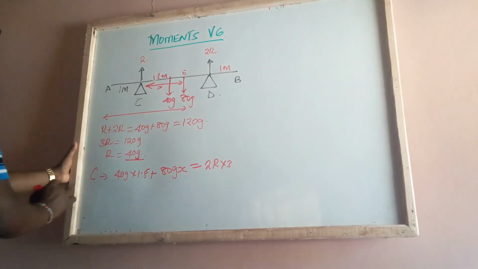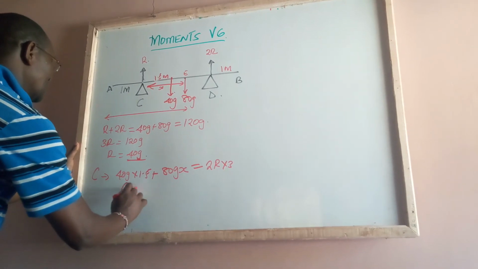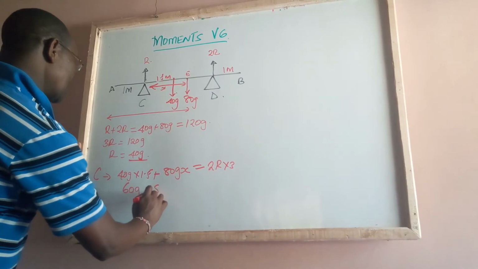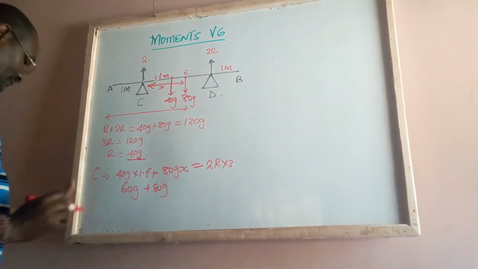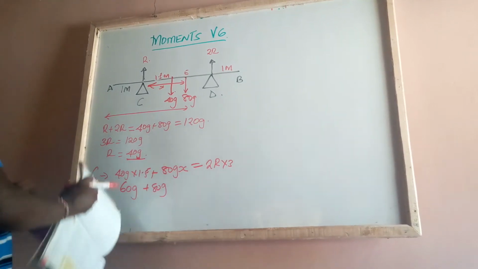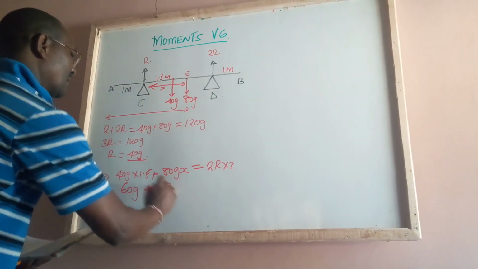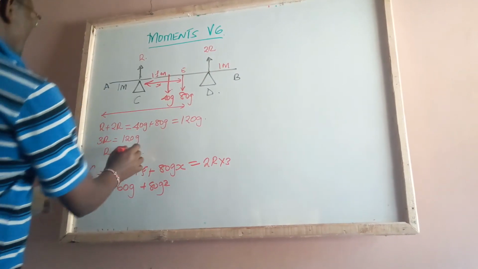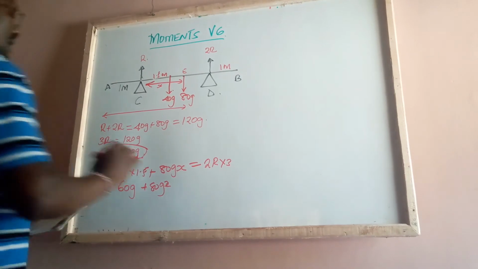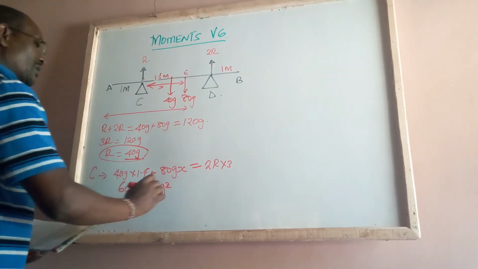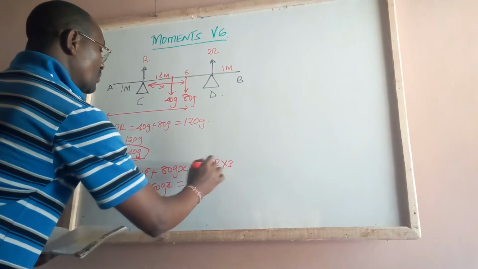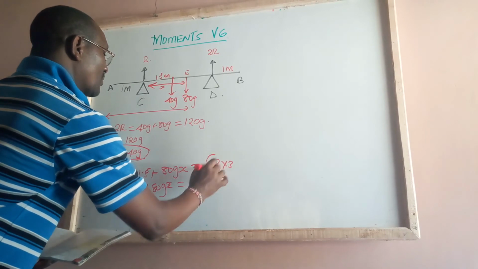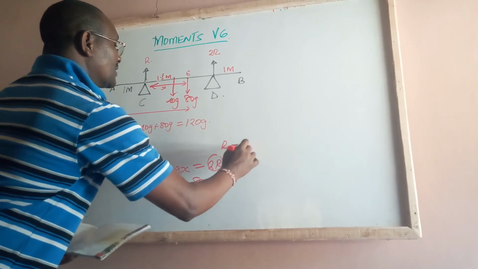On the left this is 60G plus 80GX. What about the reaction? Remember that R is 40G. So the right side is 80G times 3, because 2R, R is 40G.